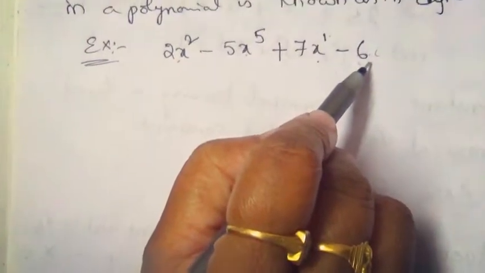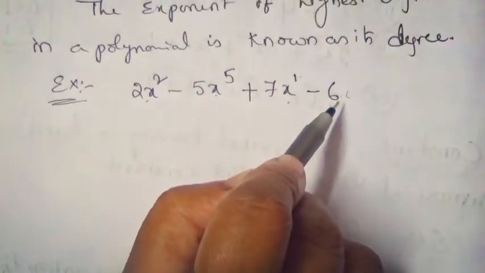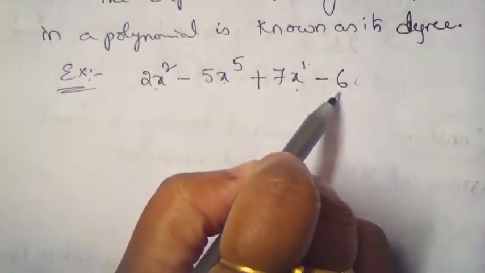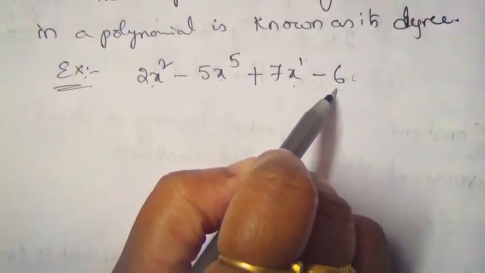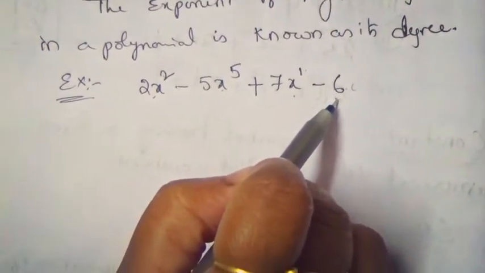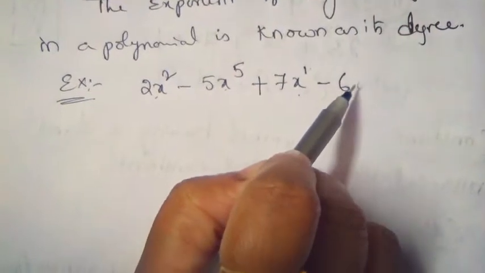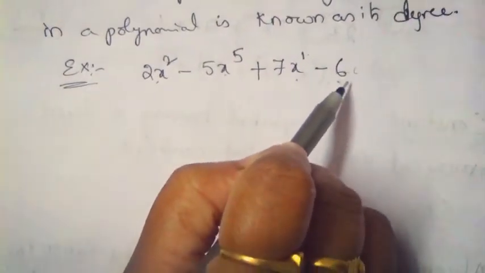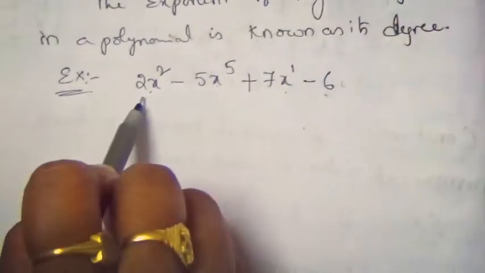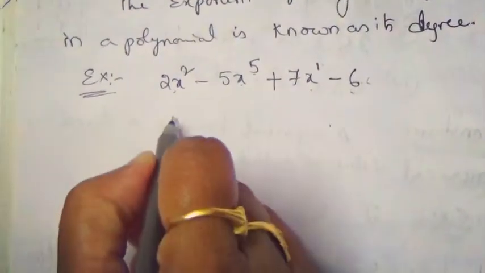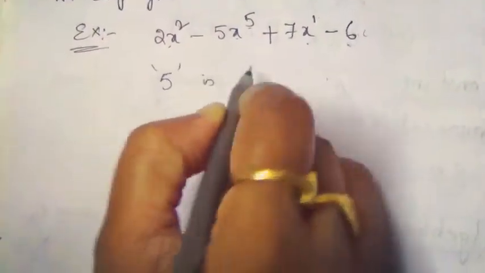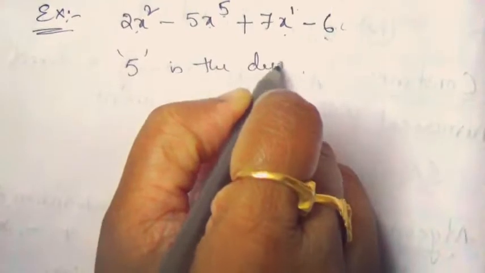Already I said anything to the power of 0 becomes 1, so 6 times 1 is 6. So it's a constant. What is the power of this constant? 0, because we are imagining x to the power of 0 is there. So what is the highest power of this algebraic expression? 5. So for the above expression, 5 is the degree of the polynomial.